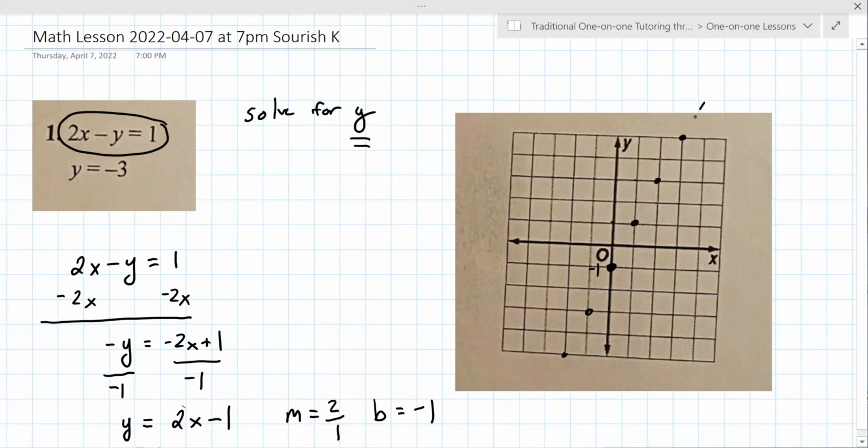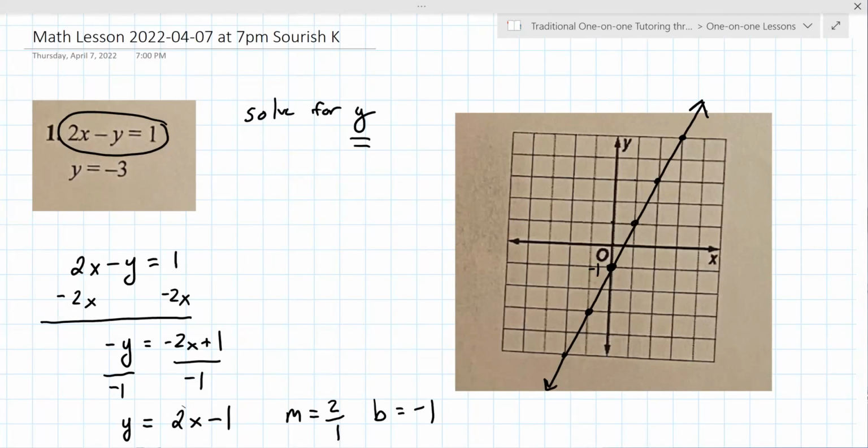So you end up getting a graph, a line that looks like this. Okay, and we have successfully graphed the first equation. Okay, let me just write that.